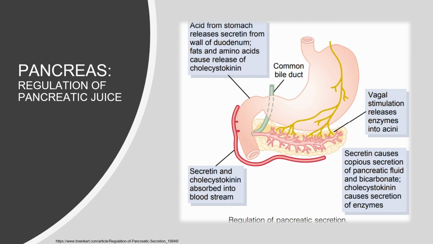However, the most important stimuli for pancreatic secretion come from 3 hormones secreted by the enteric endocrine system. If you recall, in the intestinal phase, these are secreted. First is CCK, we've already talked about it, cholecystokinin. This hormone is synthesized and secreted by enteric endocrine cells located in the duodenum here.